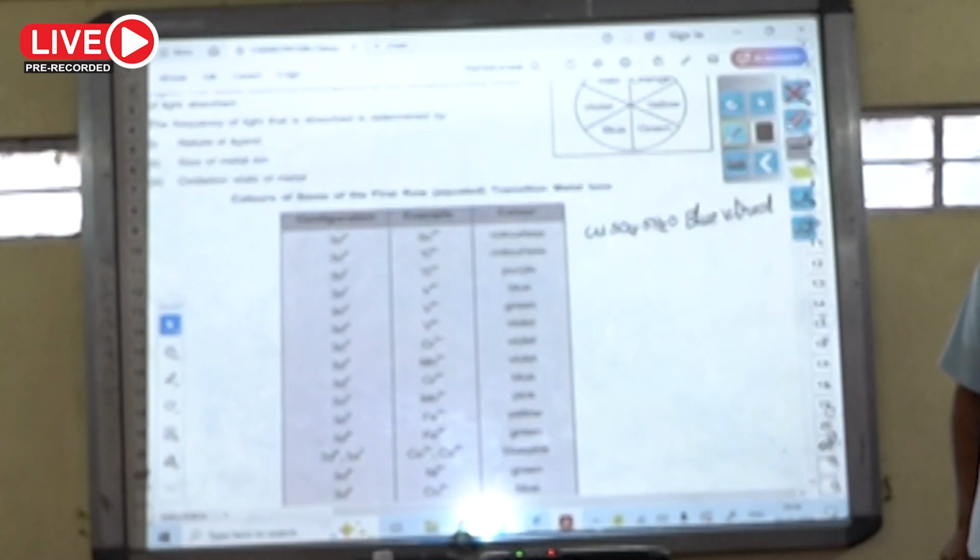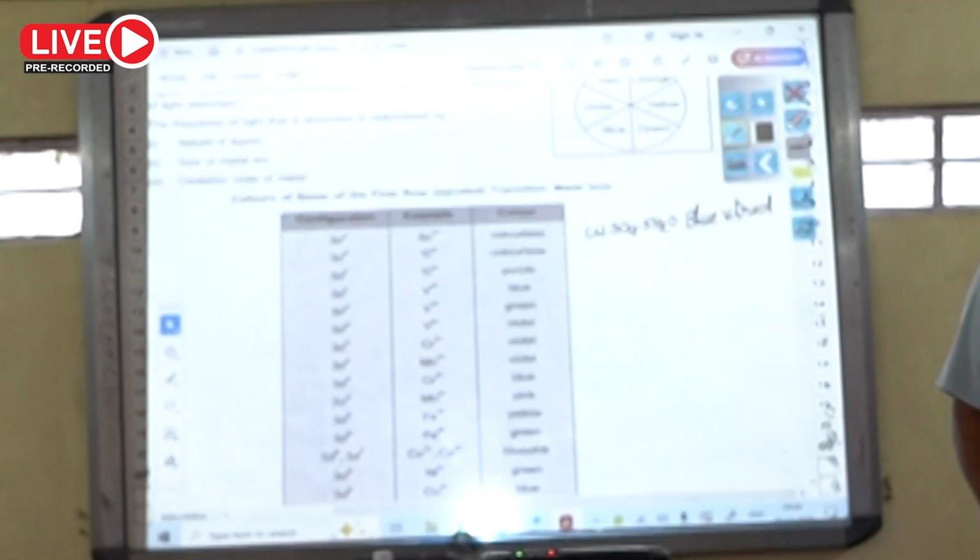Already regarding this in chemical bonding, we have discussed what type of bonds are present in CuSO4.5H2O. That is one type of question. The second type of question asked regarding CuSO4.5H2O: How many water molecules are directly linked to Cu2+ ion?